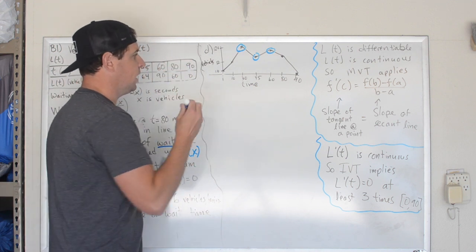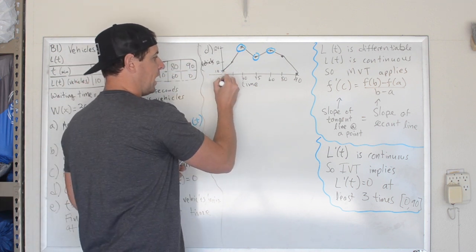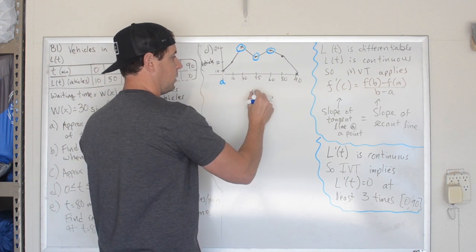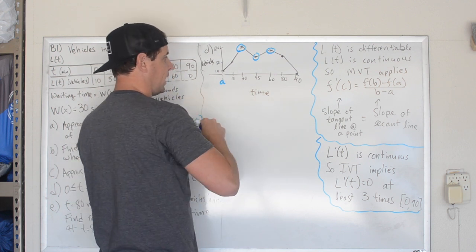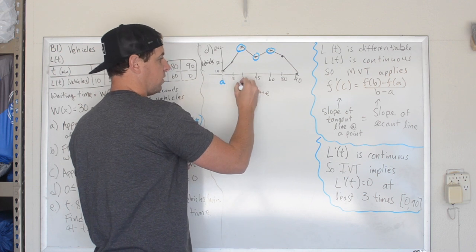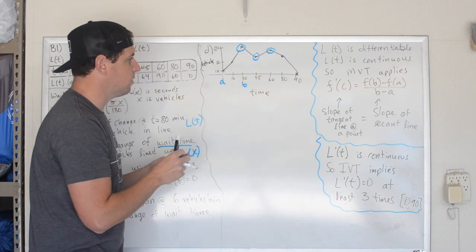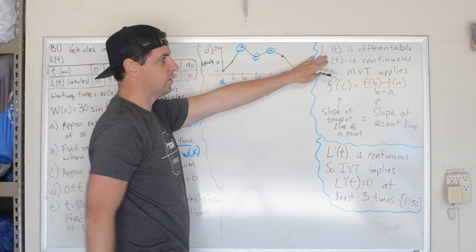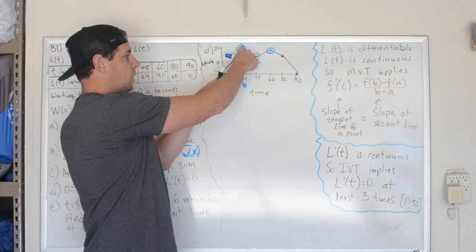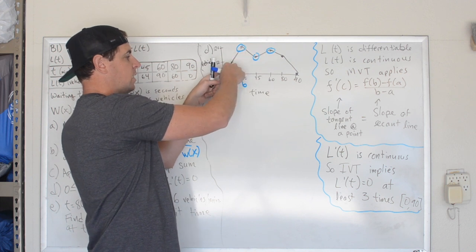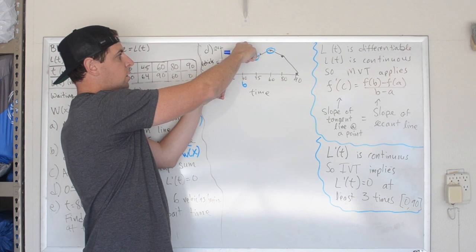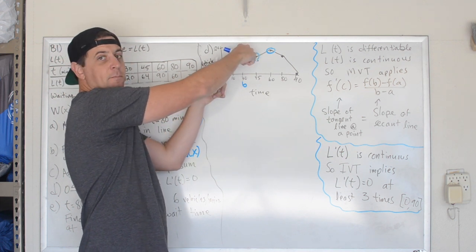In other words, if this was our a value here, and let's say, I'm going to erase time for a second, let's put time down here. And this was my, let's use 30 because it's all positive here. This is my b value here. If I look at these 2 points, and this function is differentiable and continuous, then the slope of the secant line, if I use these 2 points, would have to be positive.